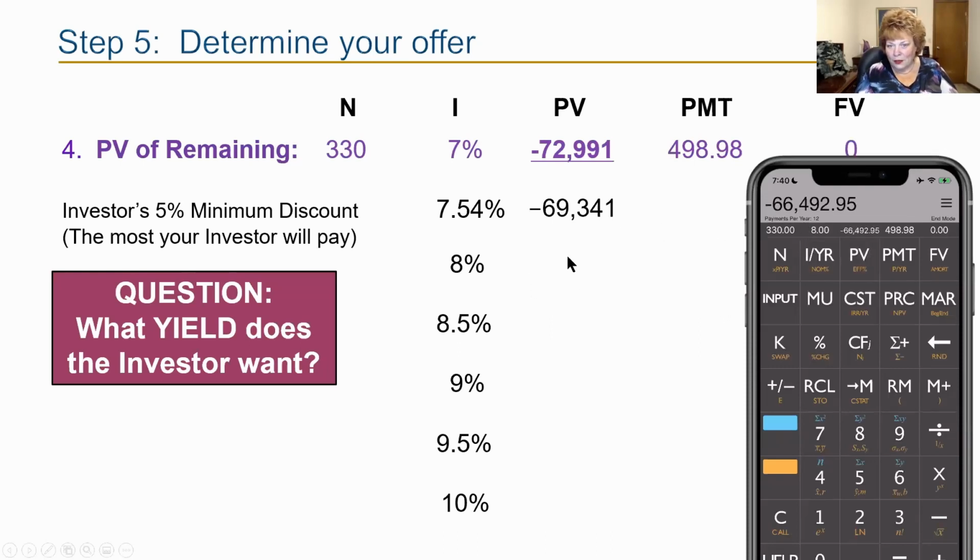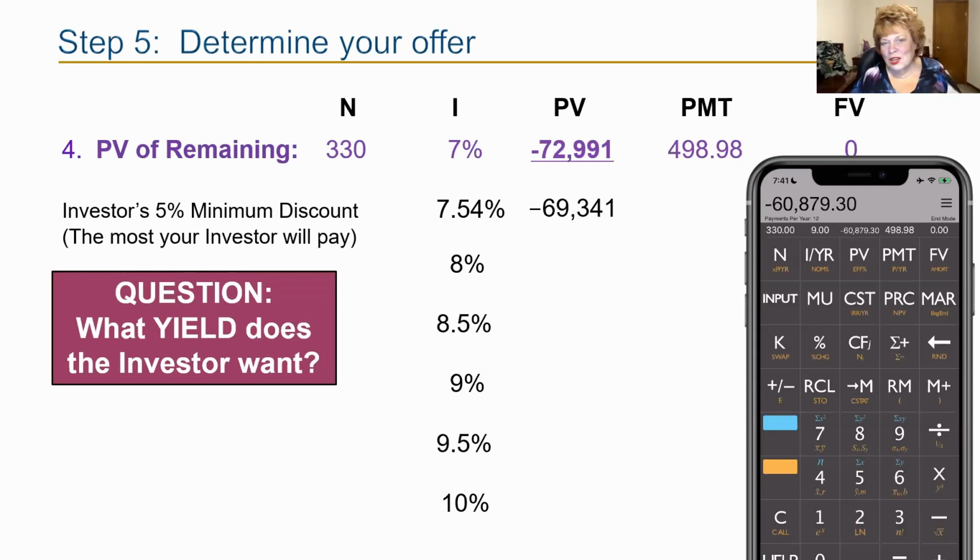So you write down 66,492. 8.5, put that in I, solve for PV, then you're at 63. 9 into I, solve for PV, 60,000. Do you see how easy that is?